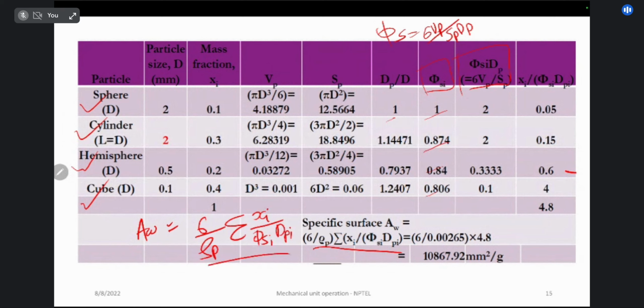If you follow the equation and do the calculation of xi by phi si dpi, you have already calculated all these things. So at the end you will get the total surface area, which is 10,867 something. This is the solved example in the professor's lecture. We just go through and understand how it has been done.